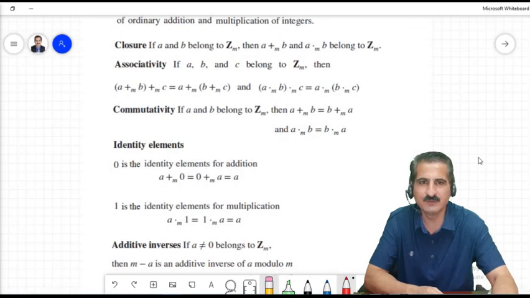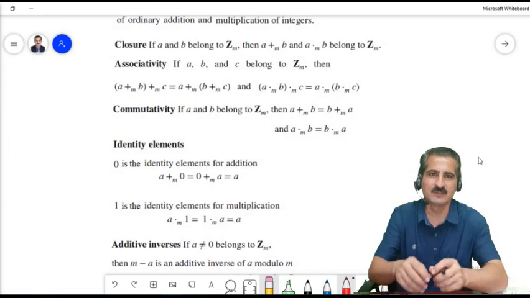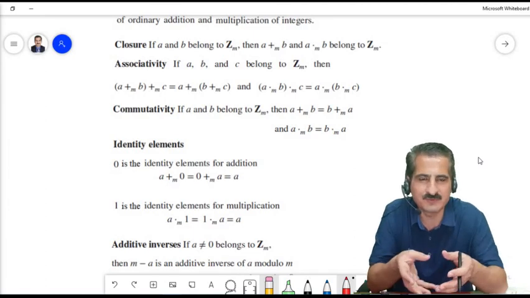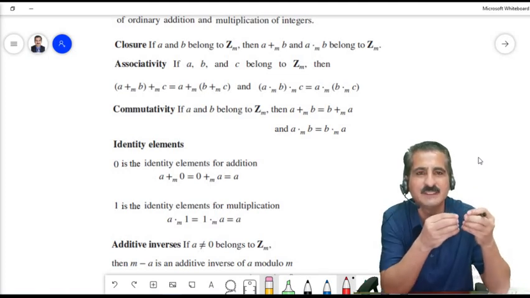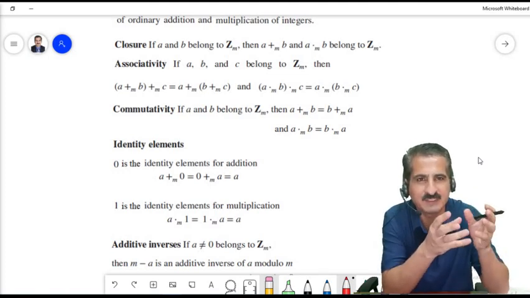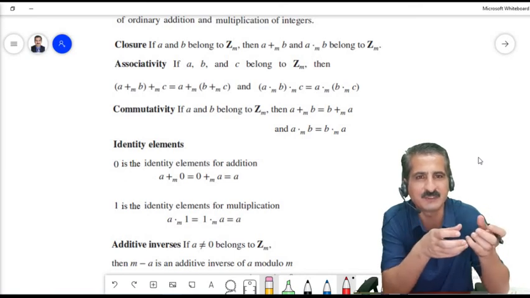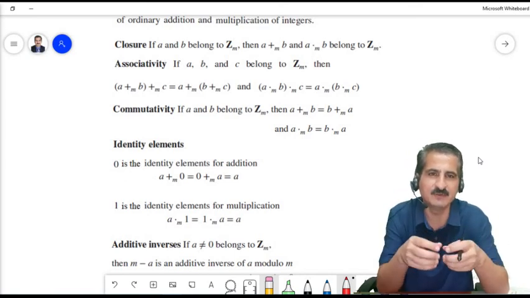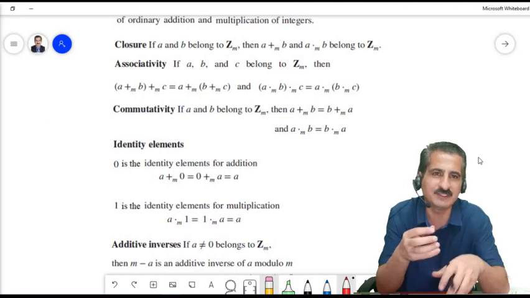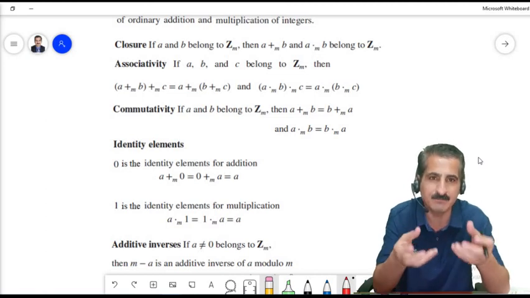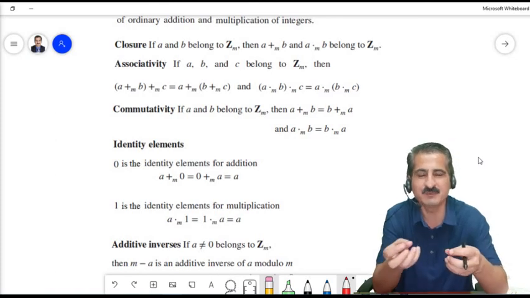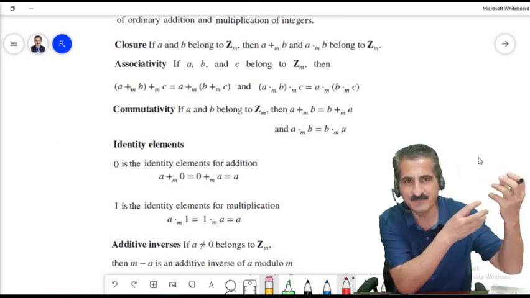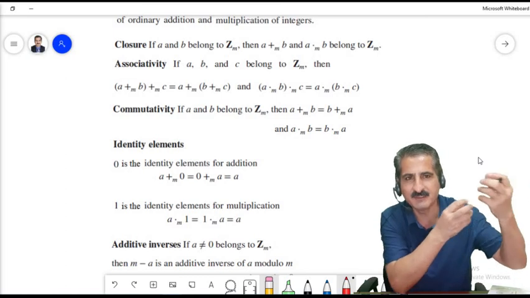If you want to add two integers modulo 5, take the two integers, add them as normal integers, get whatever you get as an integer, and then take the remainder modulo 5. Same thing for multiplication. So when we do addition and multiplication modulo m, we are doing this arithmetic inside Z and then coming back and taking the remainder modulo m.